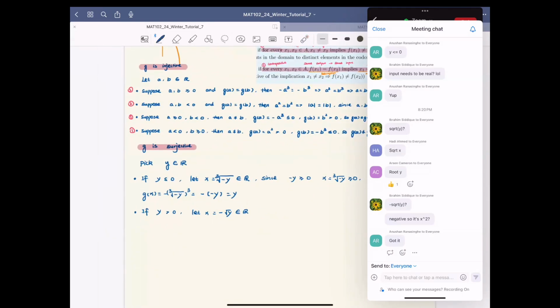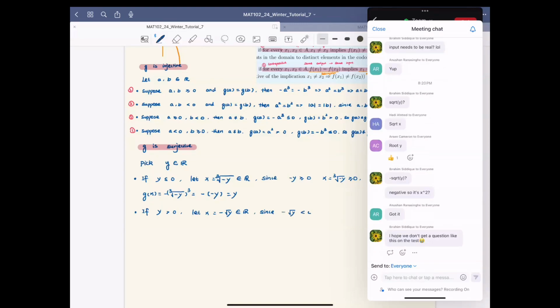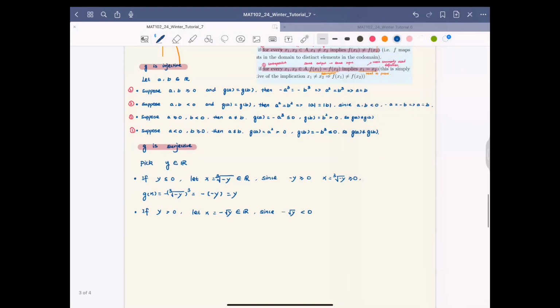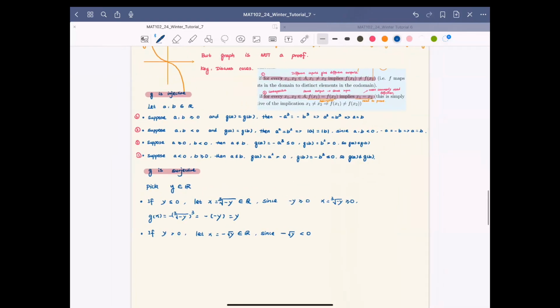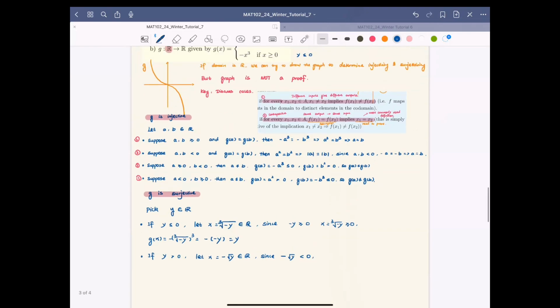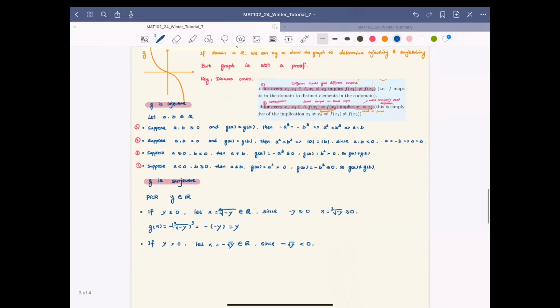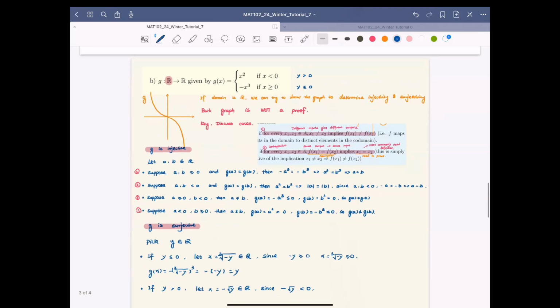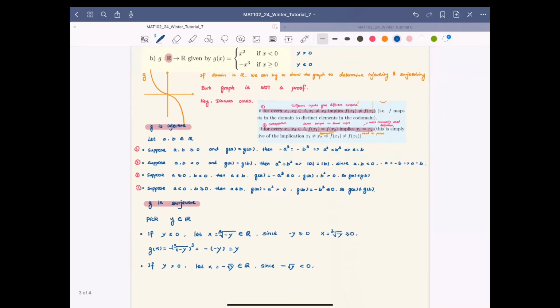Okay, so now I know that since negative root y is less than 0, usually this type of question will show up on the final exam instead. If it shows up on a test or quiz, usually they'll ask you some part of it, not the whole thing, so you don't have to worry about it too much. g of x is going to be negative root y squared, which gives you y back, and we're done.